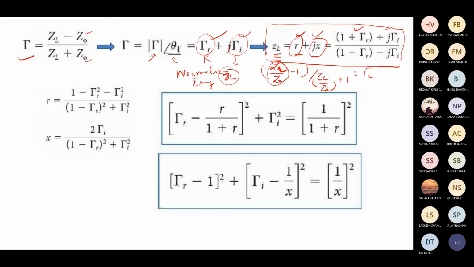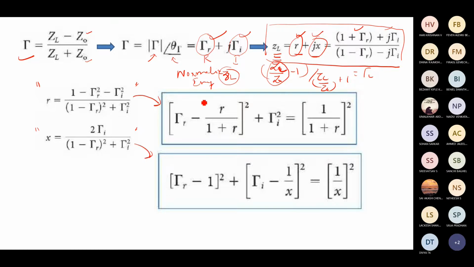That is the work done by Smith. So this is the real part and this is the imaginary part. It is very simple: you take the numerator and denominator multiplication and you will get it. This equation is converted into circle equations.